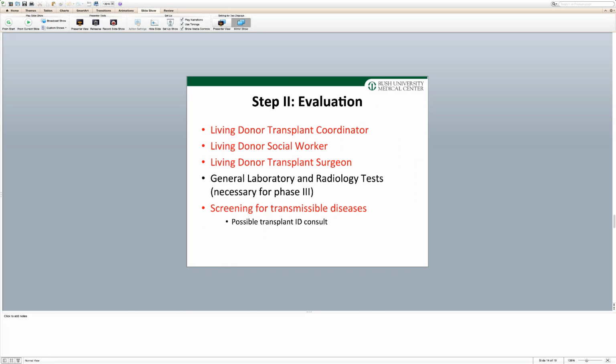In step 2, which is performed in the transplant surgical clinic, the patient meets with a living donor transplant coordinator, a living donor social worker, and a living donor transplant surgeon, and the patient undergoes general laboratory and radiology tests, including screening for transmissible diseases.